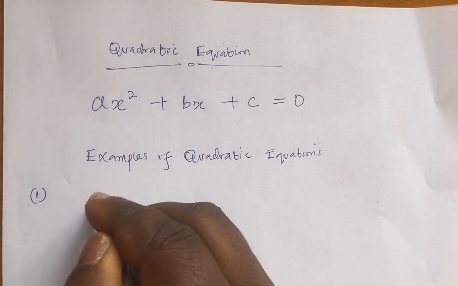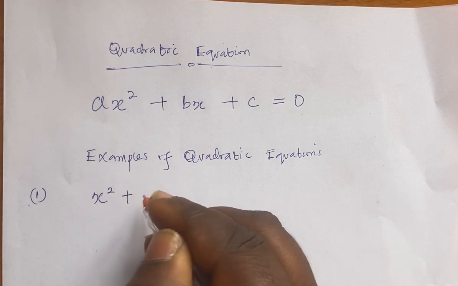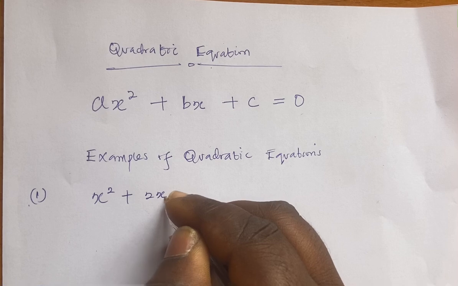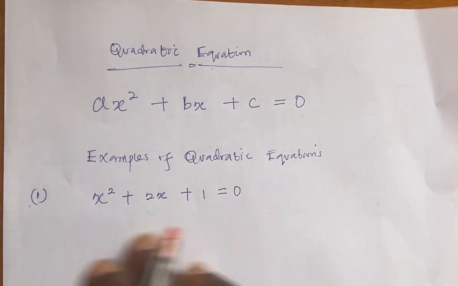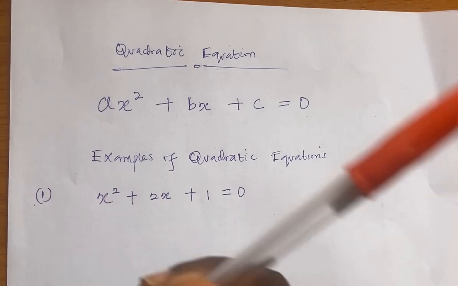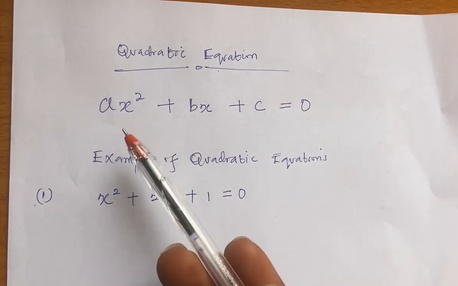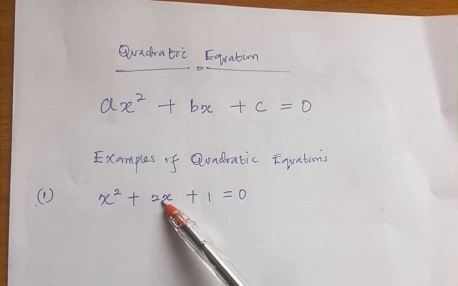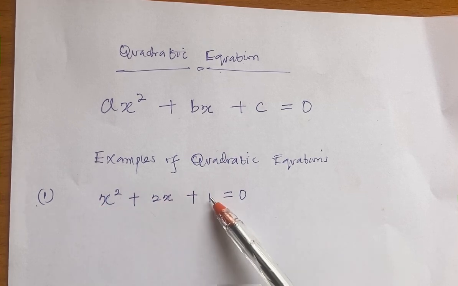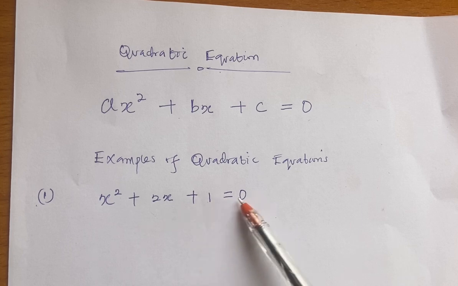When you see an equation like x squared plus 2x plus 1 equals 0, this is a quadratic equation. It takes this form. The highest power here is 2. The coefficient of x squared is 1, the coefficient of x is 2, and the constant is 1.